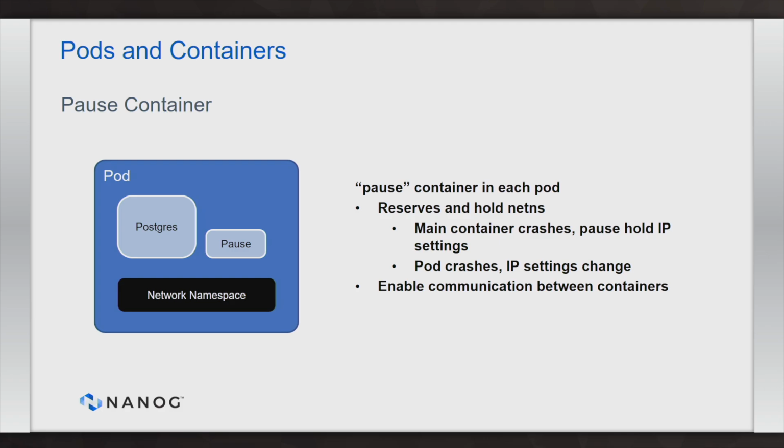Basically Kubernetes is putting a pods container inside every pod, because in case the application inside the pod is crashing, you want to keep that network namespace. And that is why you have another container in the same pod called pods, to keep that reserved.